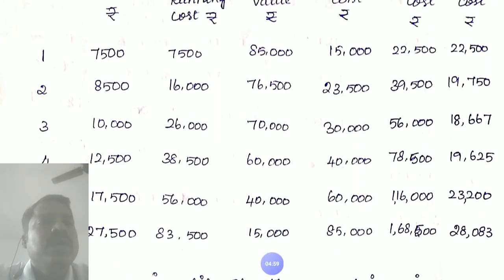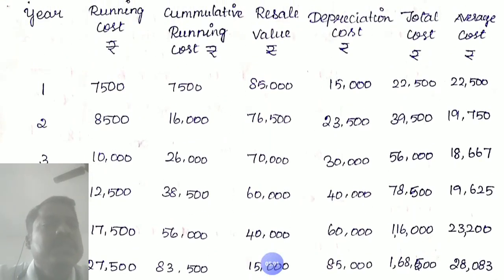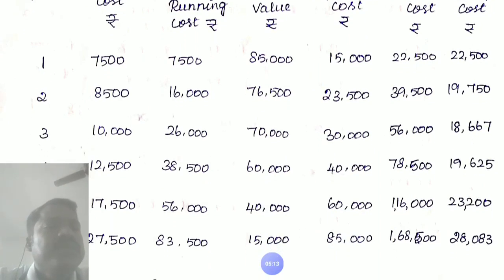The average cost of the first year is 22,500, second year 19,750, third year 18,667, fourth year 19,625. Then the total average cost is reduced in years 1, 2, 3, up to 3, and then increases.